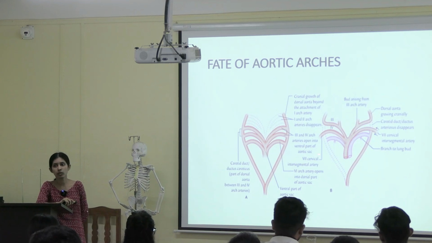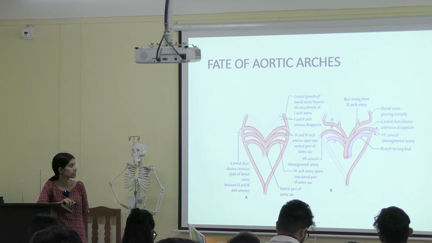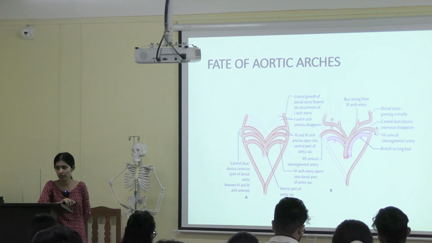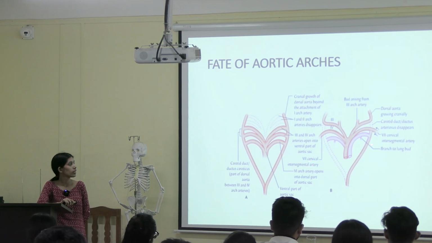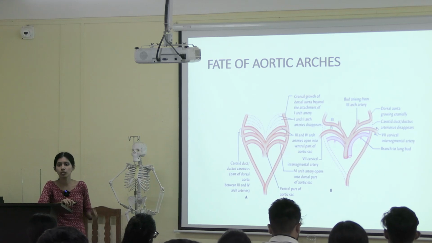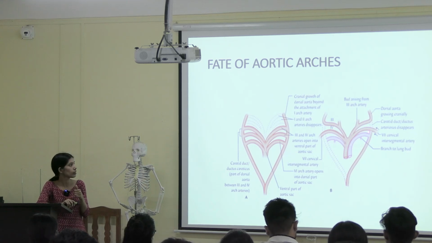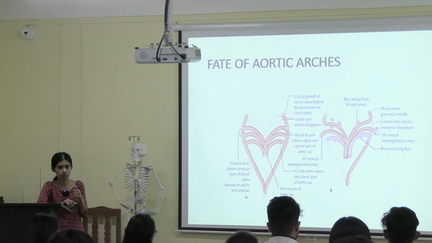So, the 4th aortic arch on the right side gives the right subclavian artery along with your 7th cervical intersegmental artery, okay? On the left side, we have two derivatives. One is the arch of aorta, that is formed by the 4th aortic arch artery, the left horn of the aortic sac and the aortic sac, okay?